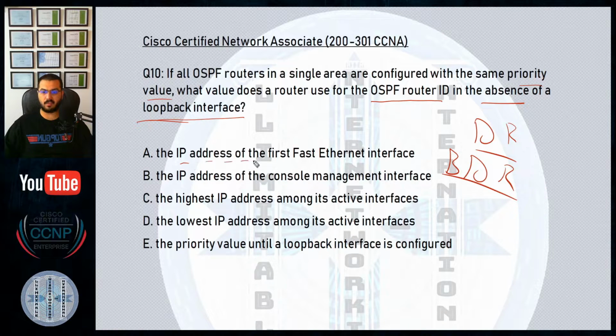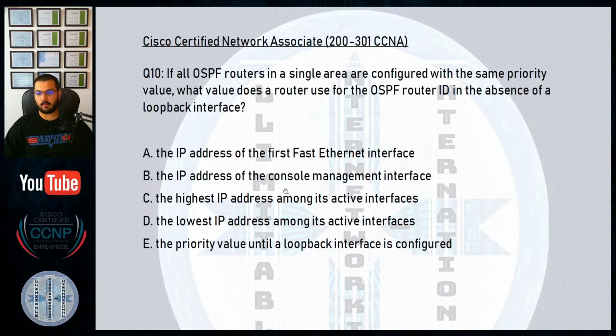So the IP address of the first Ethernet, no. The IP address of the console management, don't make jokes. The highest IP address among its active interfaces, yes. The lowest, no lowest there. The priorities are the same. No, priorities are the same already, so it will only be C, and there was a deep dive about that in chapter 3.